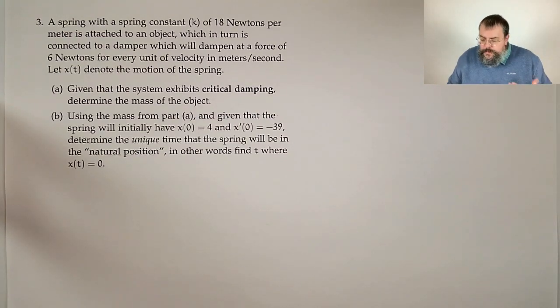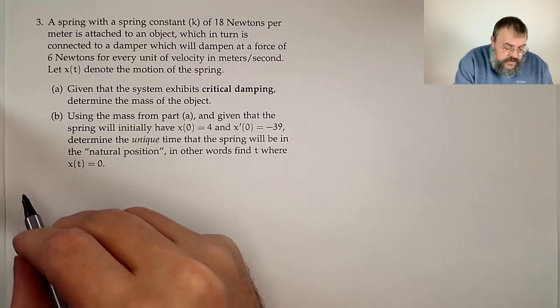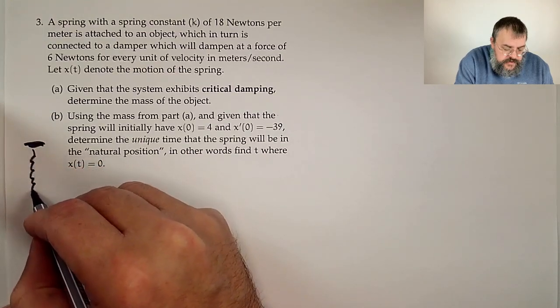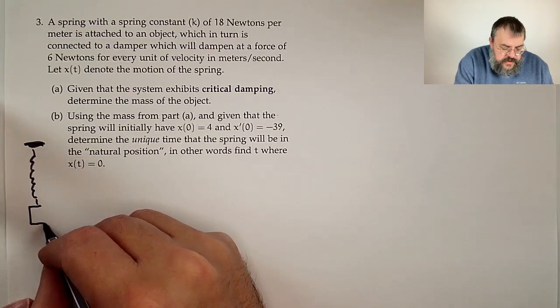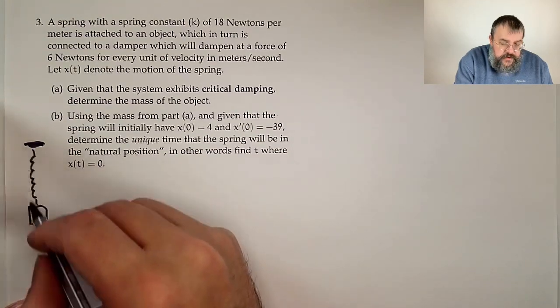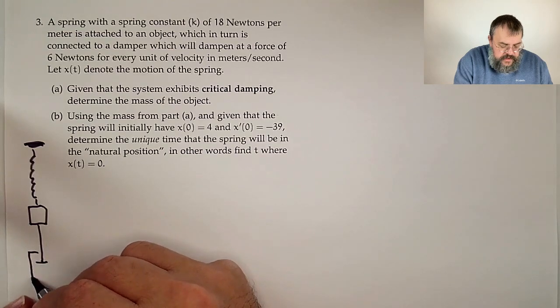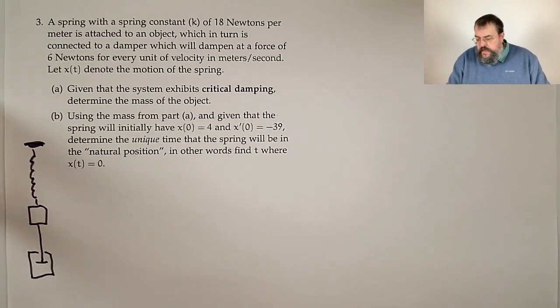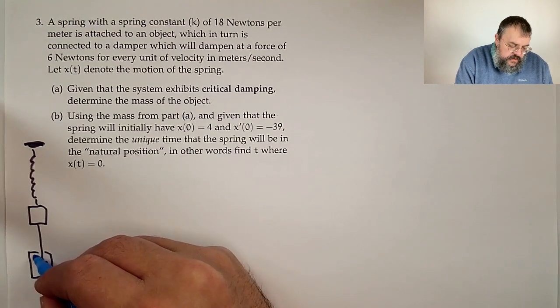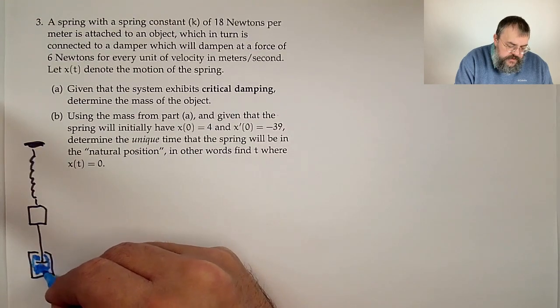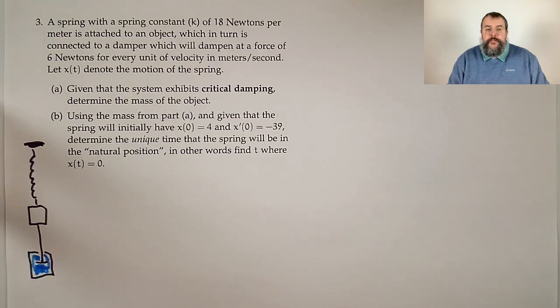Well, what we do is we say, okay, let's recall how springs work. Now, if we wanted to add a picture, we could quickly draw ourselves a little picture. Here's our little object, and there's our spring, and then it's attached to some sort of a damper, which I like to think of as something that's pushing through a fluid of some sort down here.